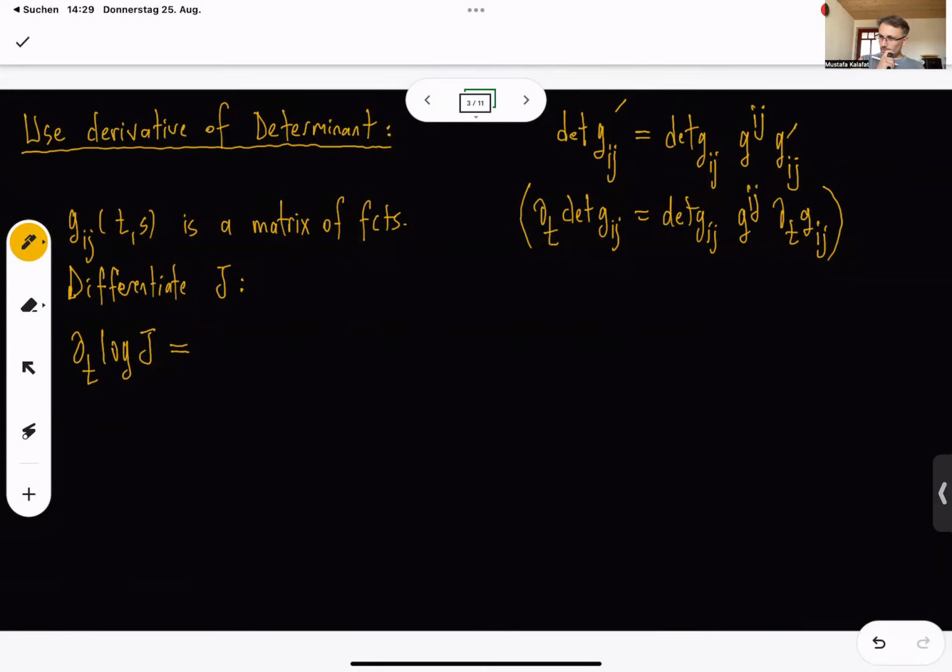The time t derivative of the logarithm of J is going to be, remember, if you expand inside, this is radical g over radical g0, where g is simply denoting the determinant of gij. Just a simple notation.